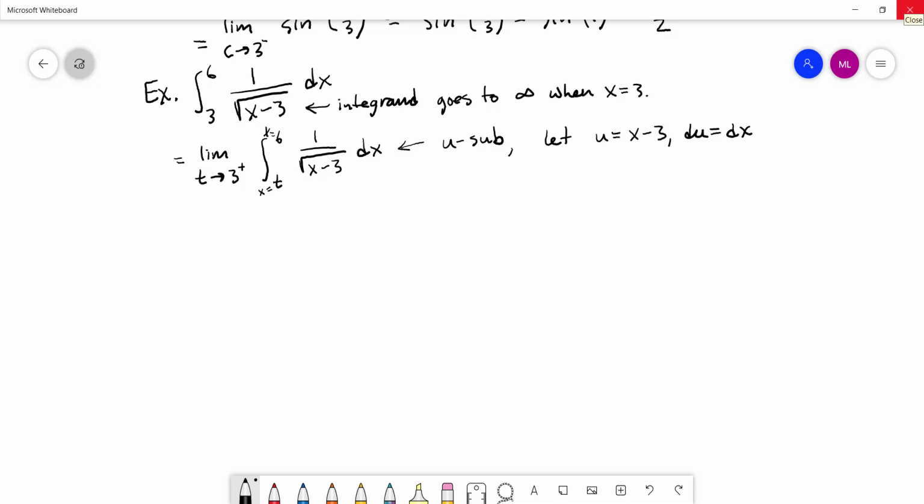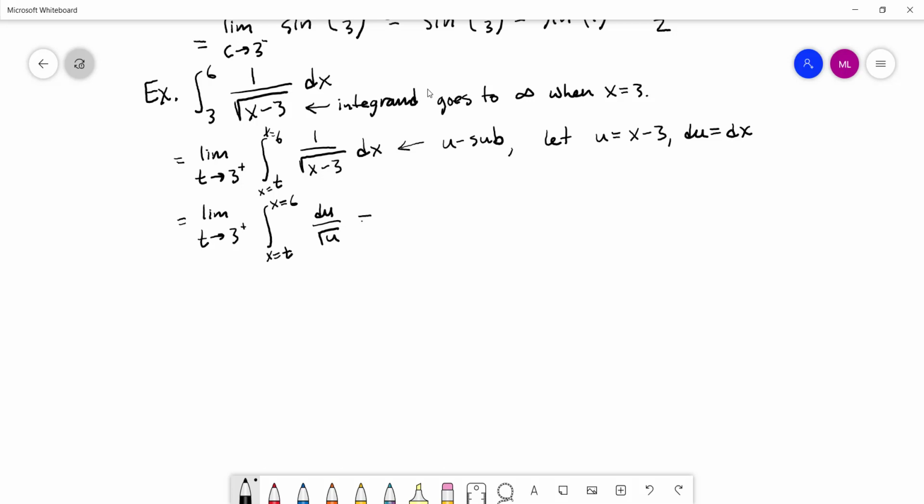Okay, so with this in mind, I've got my limit as t goes to 3 plus, and I've got my bounds that, again, I'm not converting. They're still going to be in terms of x. But now this whole thing is simply du over the square root of u, and so that's just u to the negative 1/2 power.